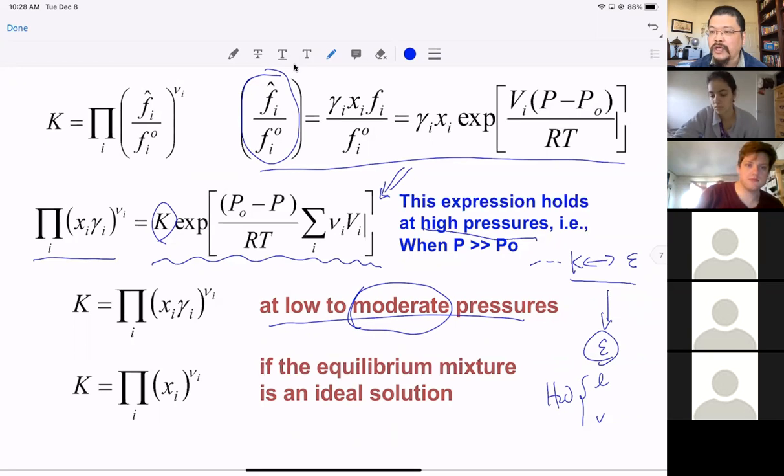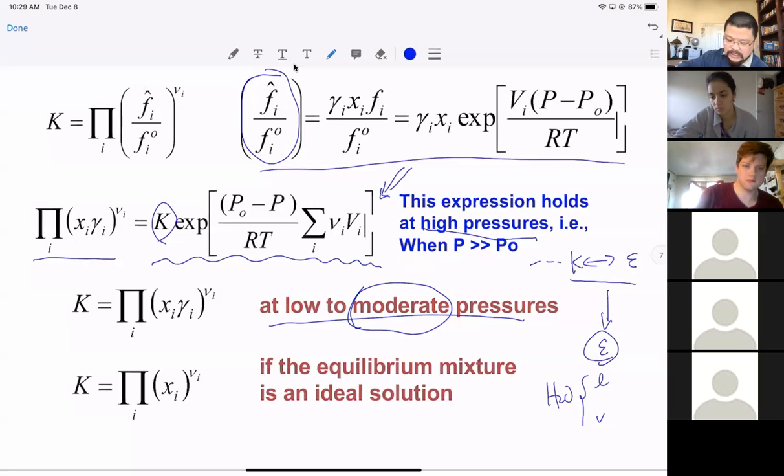So if you are working on a brand new system without too much data from the literature, then you can start with the assumption that this is a moderate pressure, and you try to measure what would be the reaction equilibrium, and then compare that with the actual measurement of the reaction, and improve from there.